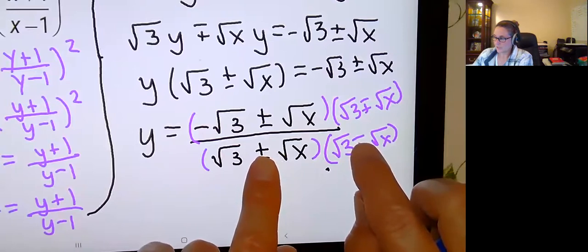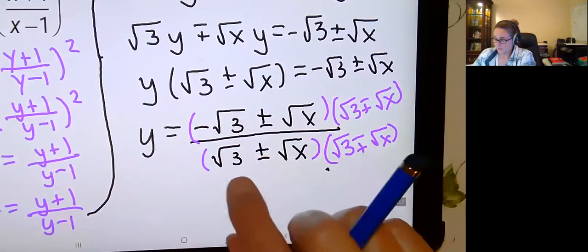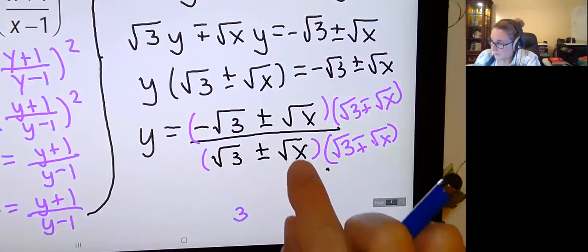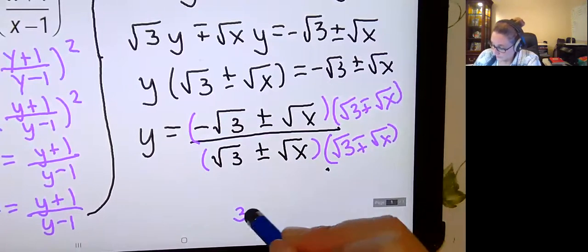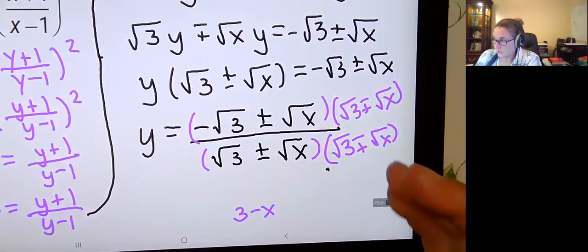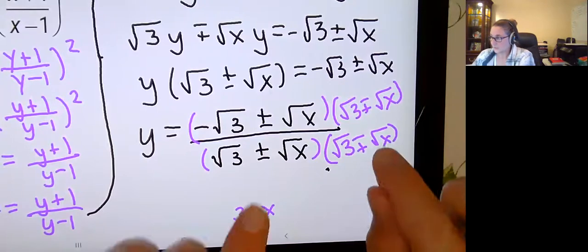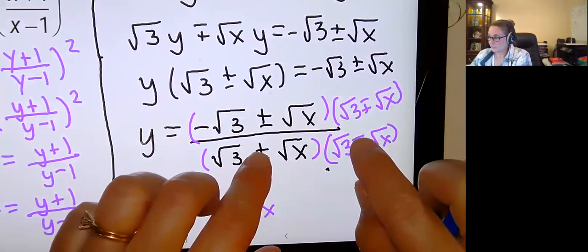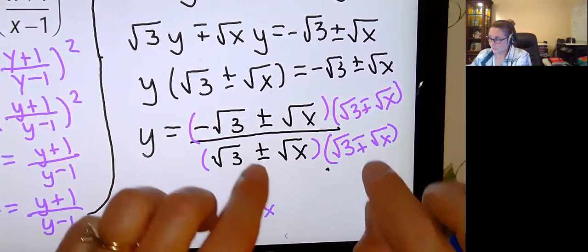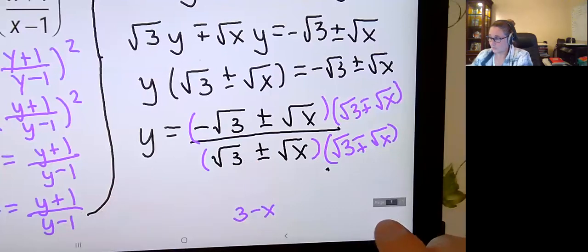I would get 3 minus x because a squared would be 3, and then b squared would be x. So I get 3 minus x on the bottom. Again, this one would have given me that, and this one would have given me that, because both of them are a squared minus b squared.